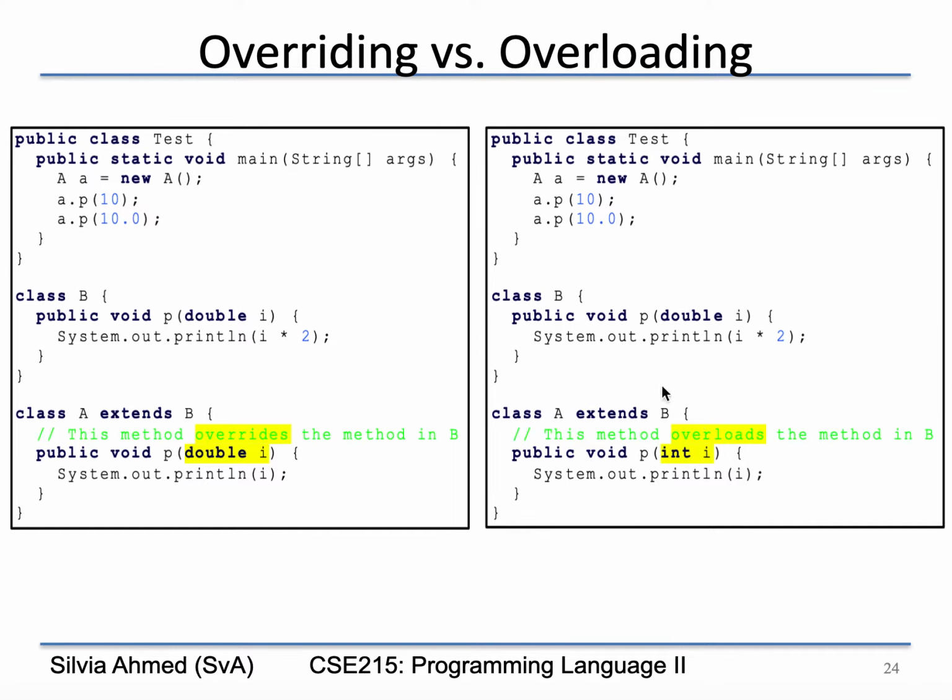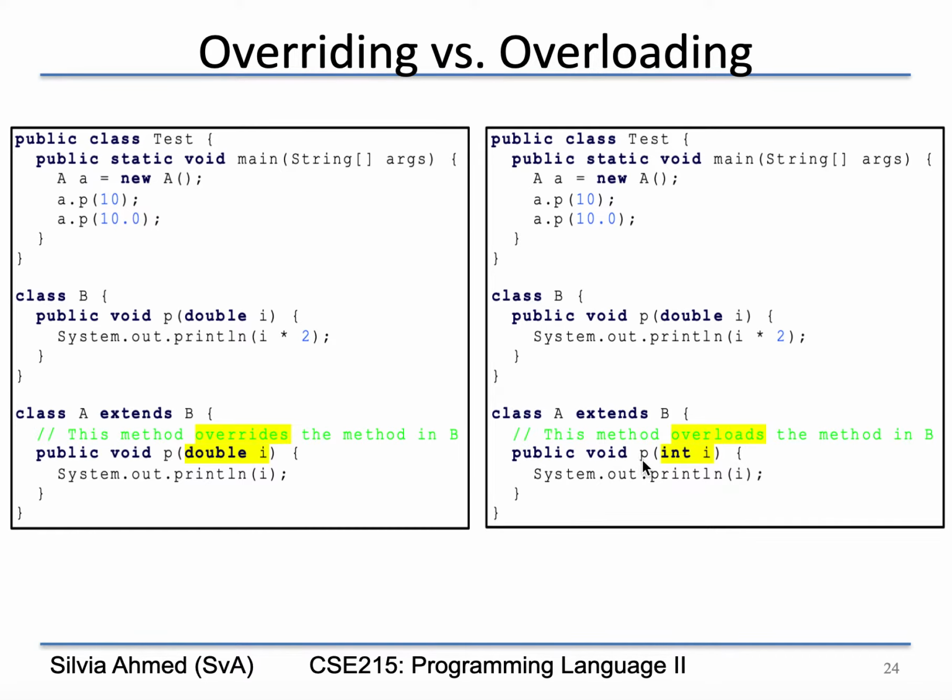So here in class A, we have method overloading. I hope you understand this. In class A, for the same method name, in two methods, we have different parameter types. So we have method overloading.